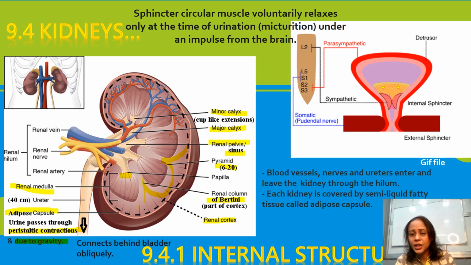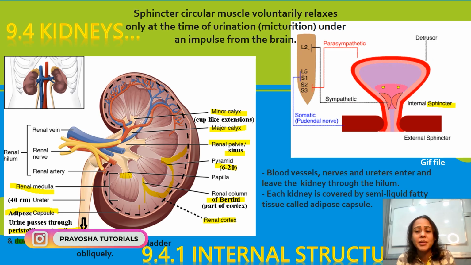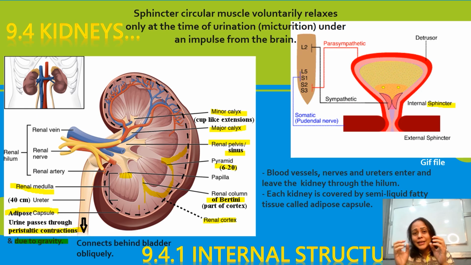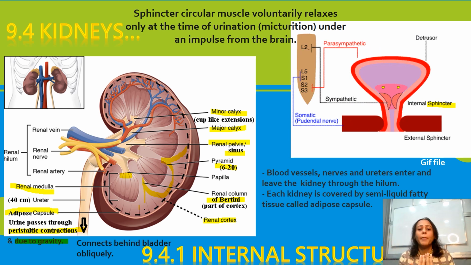Now here you can see the urinary bladder, which I have given you like a GIF file, so that you understand how the bladder gets full, and how there is a muscle called sphincter muscle. Okay, the spelling is important. Sphincter muscle, that is contracting and relaxing, allowing the urine to pass through.